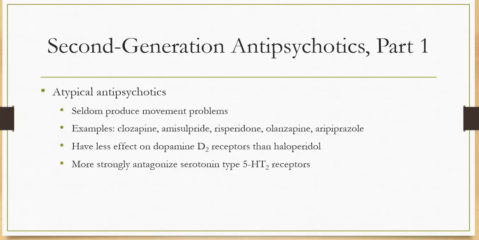So they found that certain drugs are working specifically on the D2 receptors, but then there's others that seem to antagonize these serotonin type receptors. So the second generation antipsychotics seem to be working a little bit different, and they were developed in order to stop the tardive dyskinesia.